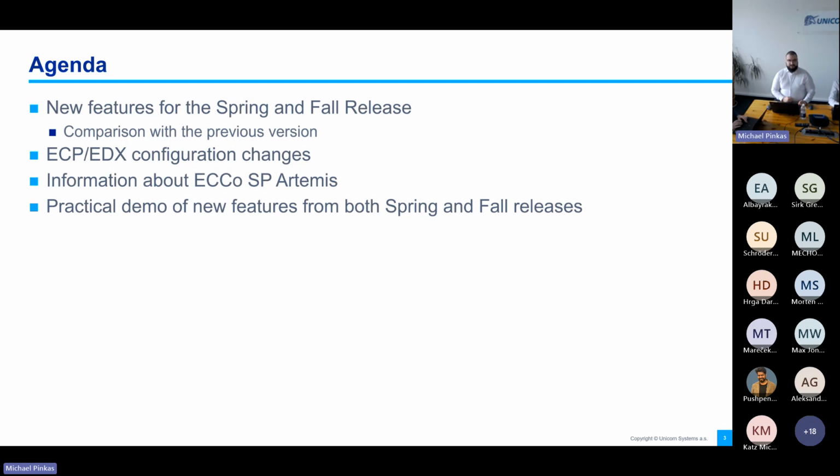Then we'll go through some ECP and EDX configuration changes, maybe a bit more interesting and less high level. And then we'll share some information about the ECCo Artemis with you, and during that, there will be a practical demonstration of the new features for both spring and fall releases.